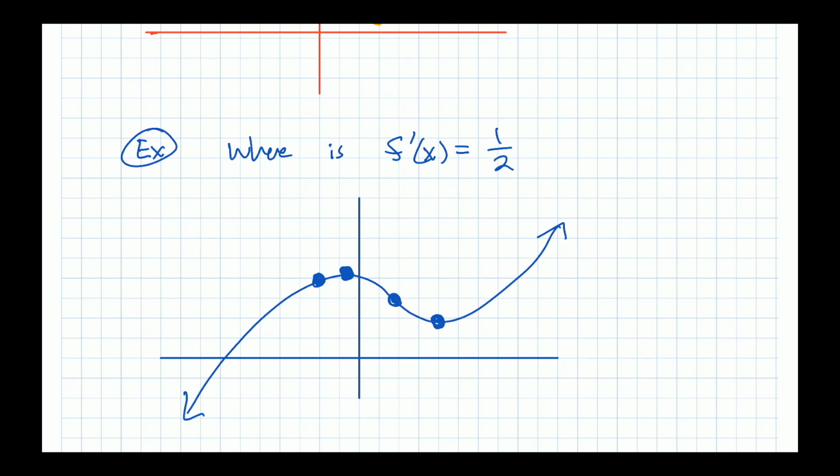So again, maybe the best way to do this is when they say this, you should think about what that would look like. When I say slope 1/2, that's 1 up, 2 over. So you're looking specifically for a slope like this, right?